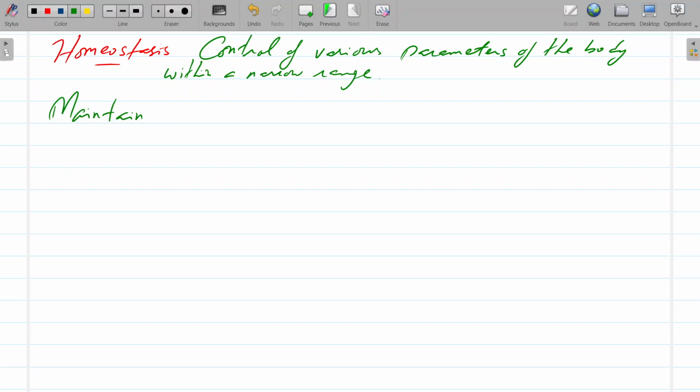Maintenance of a constant internal environment.